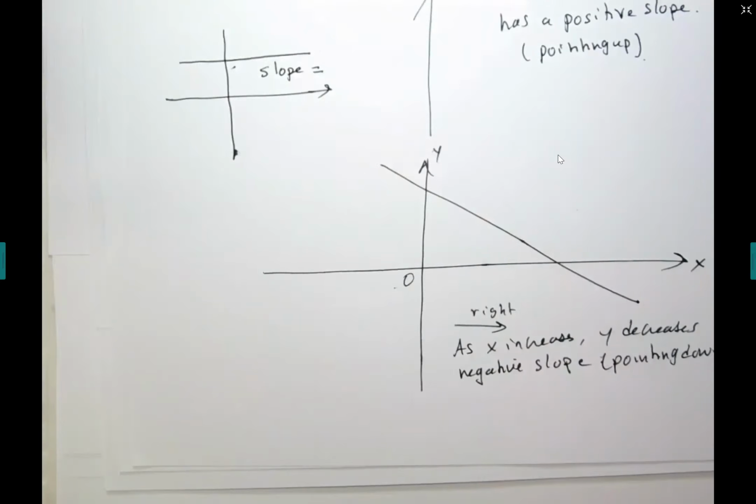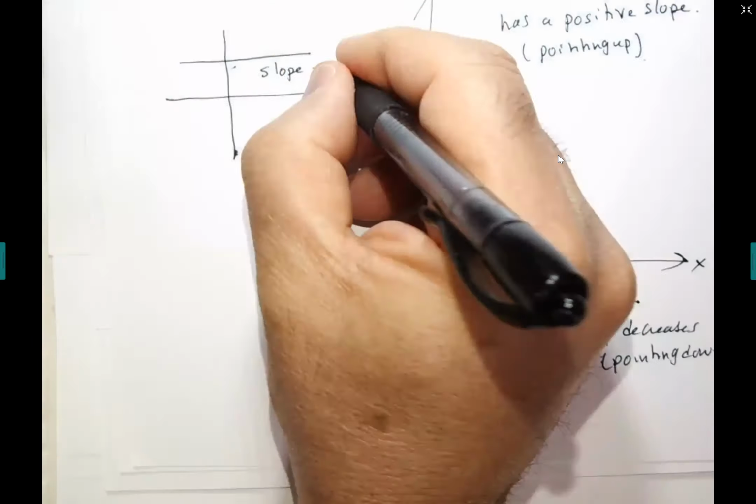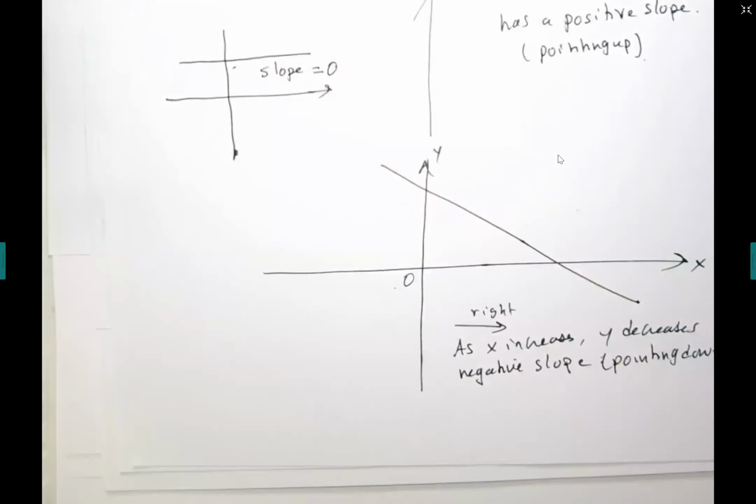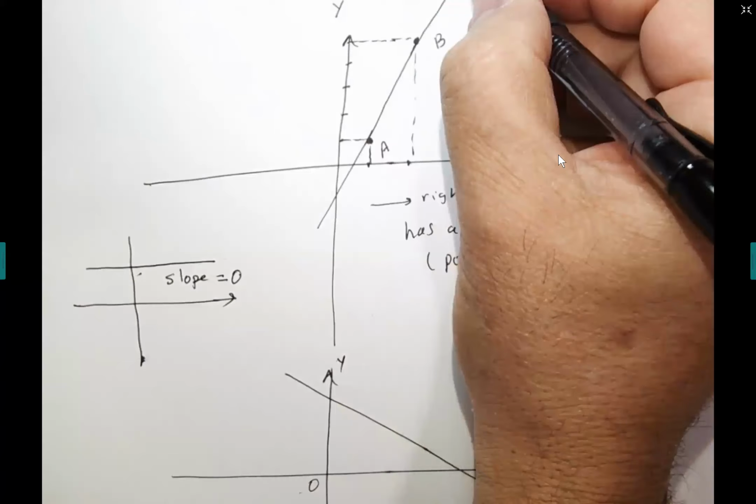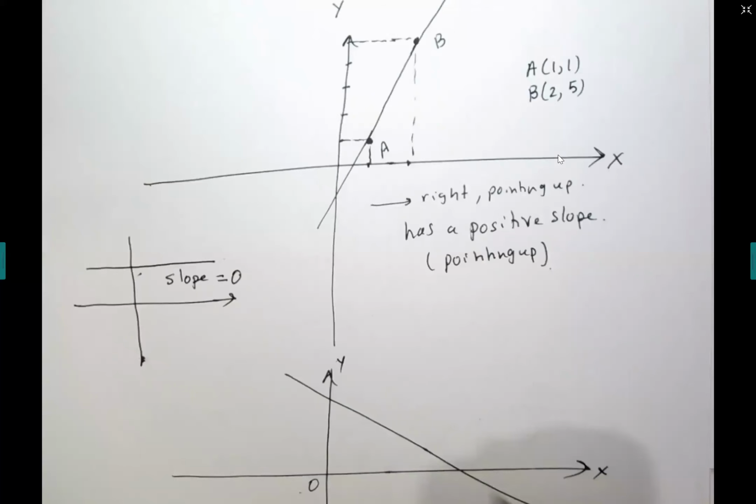This line doesn't look any steep. It's like a flat road, a flat surface. It doesn't go up, it doesn't go down, it's zero, exactly. So this is an example of a line that has a slope of 0. The first one is an example of a line that has a positive slope. And this is an example of a line that has a negative slope.